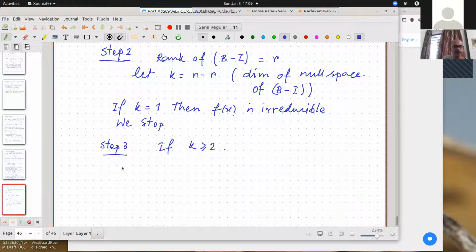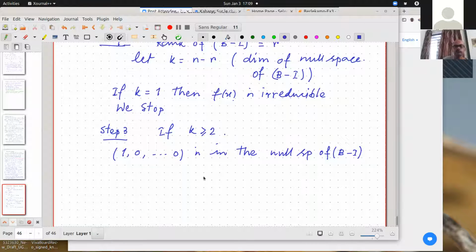We actually have seen yesterday that this vector 1 followed by n minus 1 zeros belongs to the null space of B minus I. We construct a basis for the null space starting with this. k is the dimension, so we get k basis vectors.